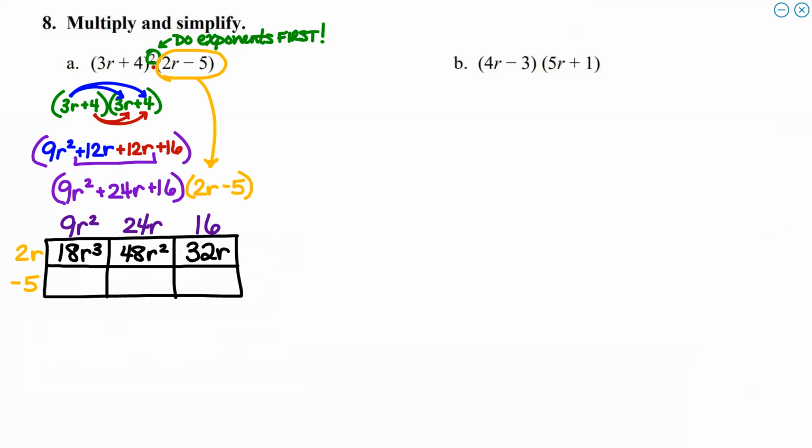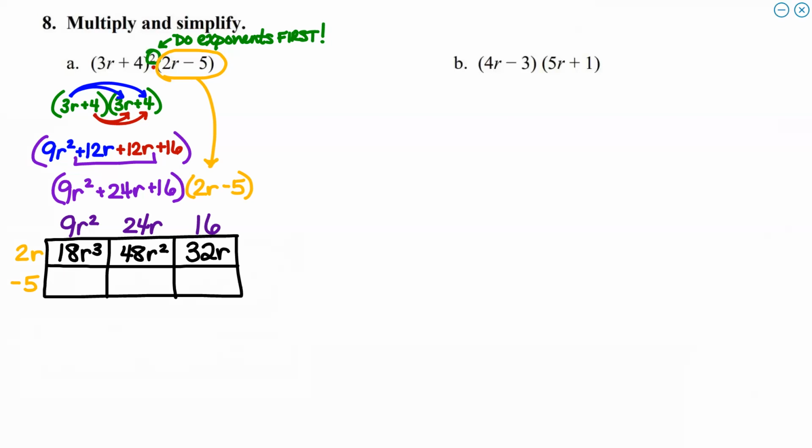All right. So this is like taking my 9r squared and distributing it here, taking 24r, distributing it here, take 16 and distribute it. I still need to take my -5 and multiply it by each column.